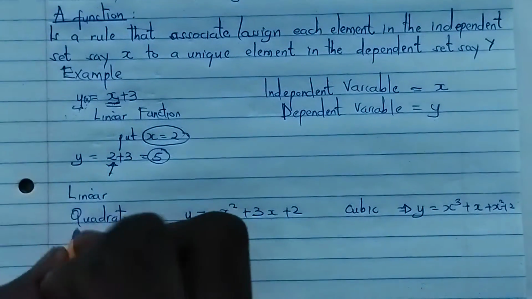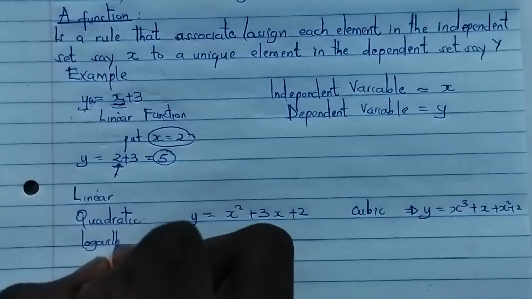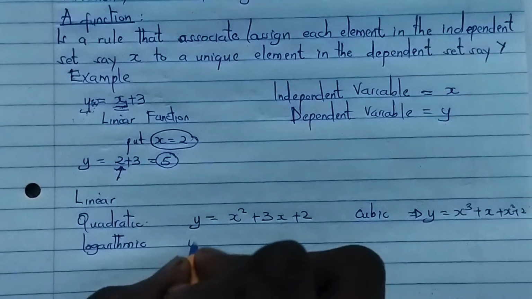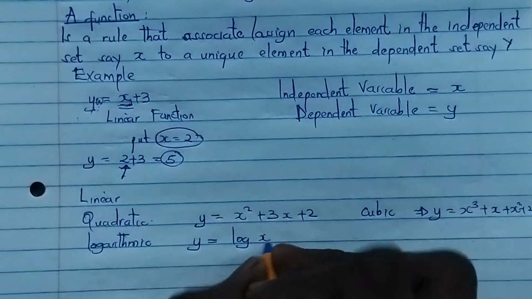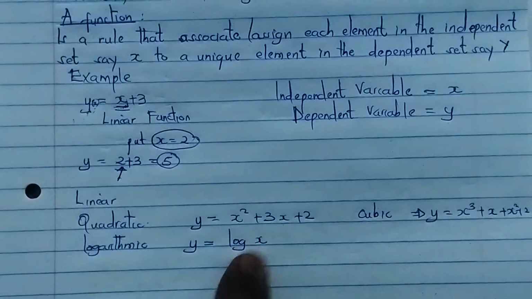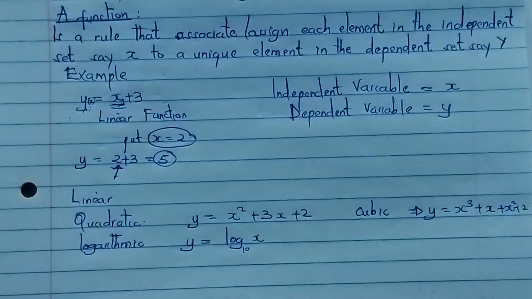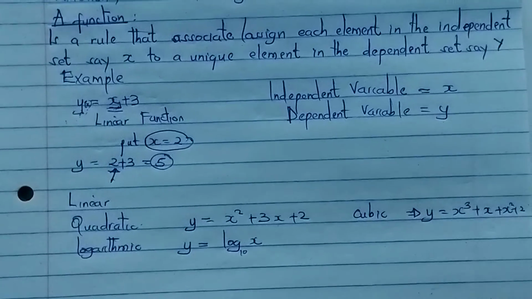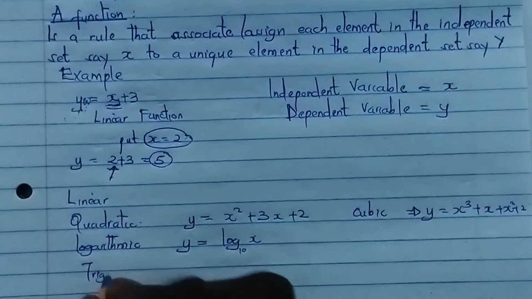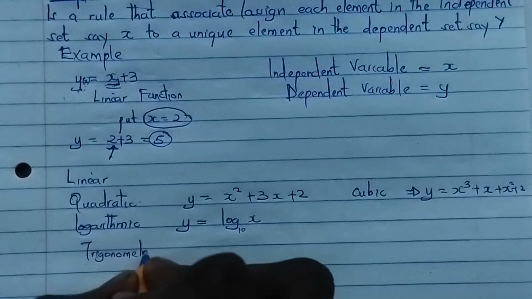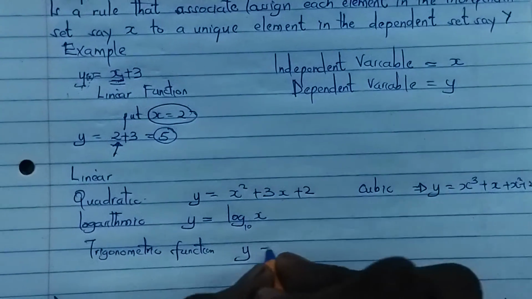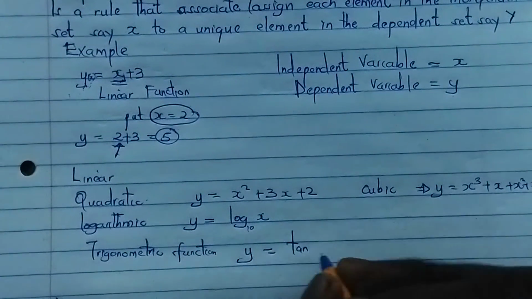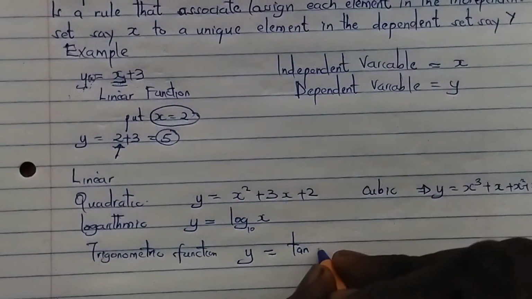We also have logarithmic function, for example, y is equal to log of x. This is an example of a logarithmic function of base 10. We have other functions like trigonometric function, for example, you can say y is equal to tan of x.